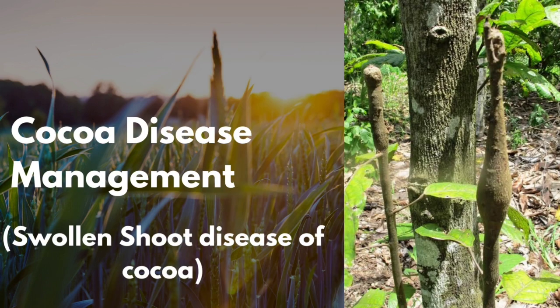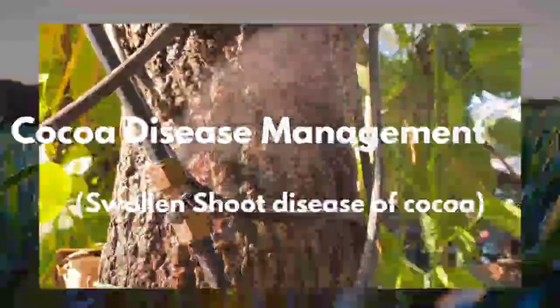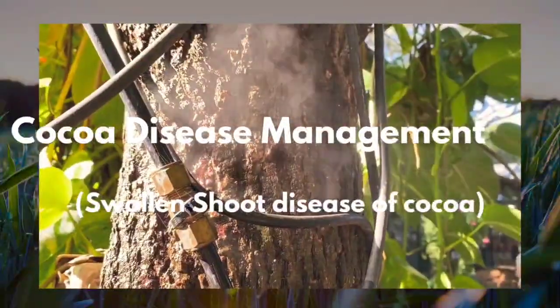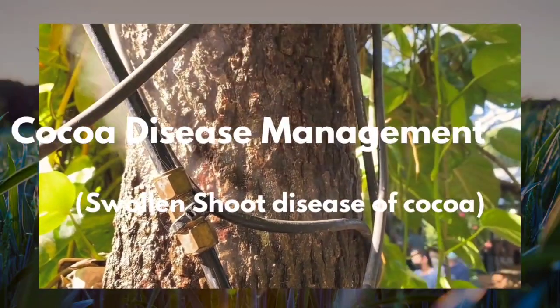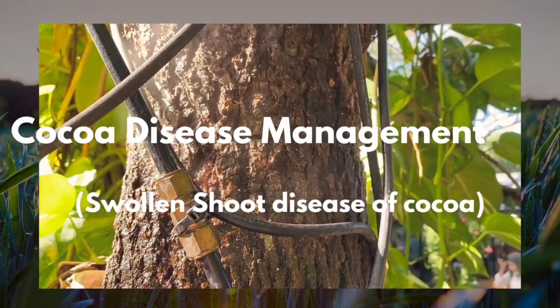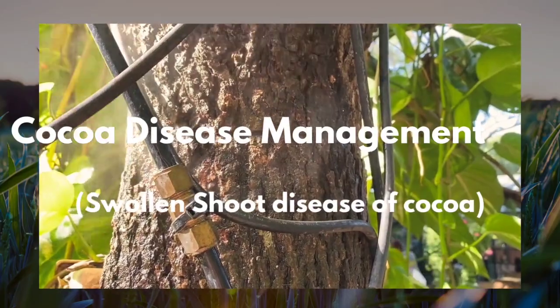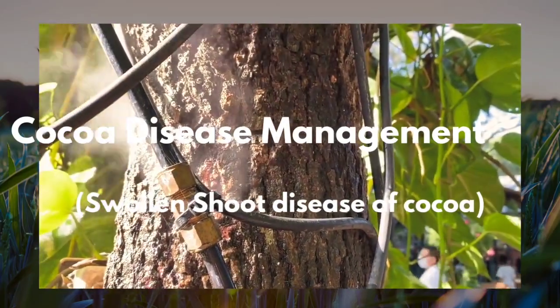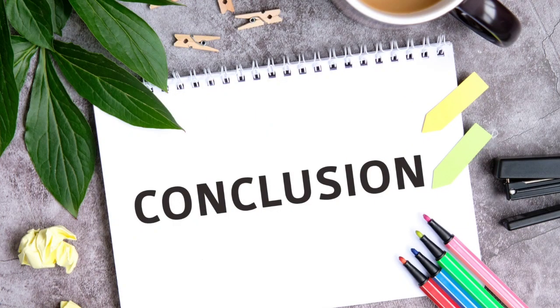Now, the symptoms are swelling of the branches, malformation of the leaves, and premature defoliation. Now, one of the basic methods of controlling swollen shoot disease of cocoa is by spraying with insecticide to kill the vector, which is the mealybug, or destroying and burning infected plants so that it doesn't spread to other crops. Then also planting resistant varieties.